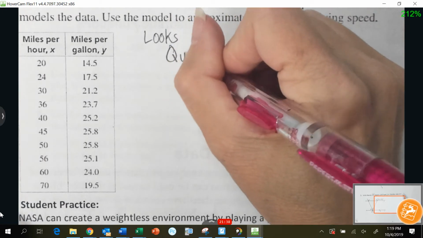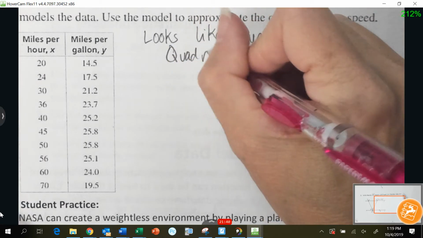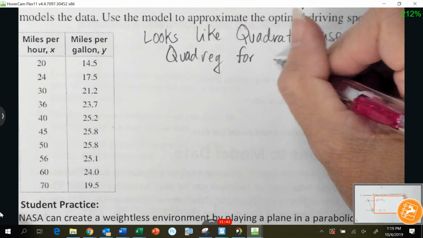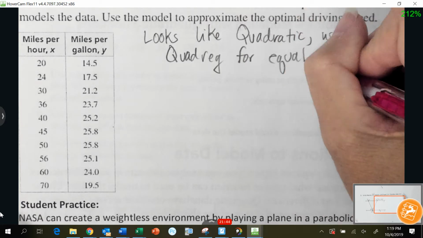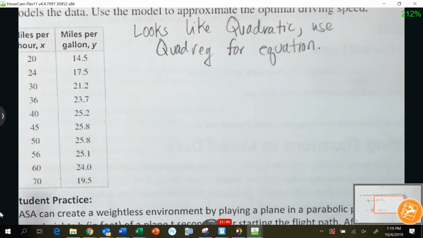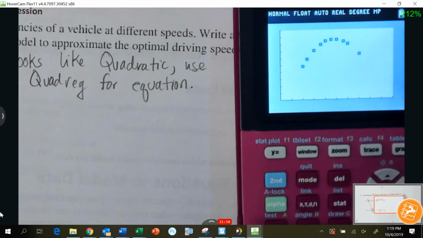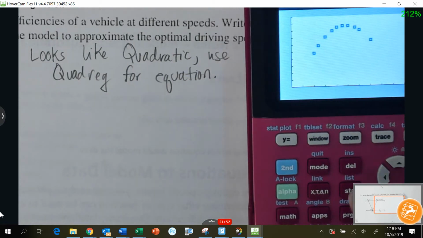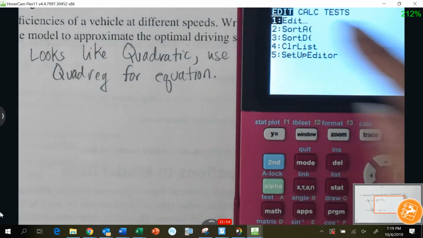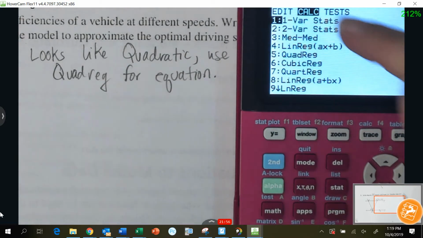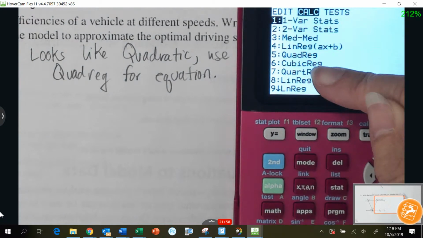Use quad reg for equation. So how do we do that? Stat, and then calculate, and then number 5 is quad reg.